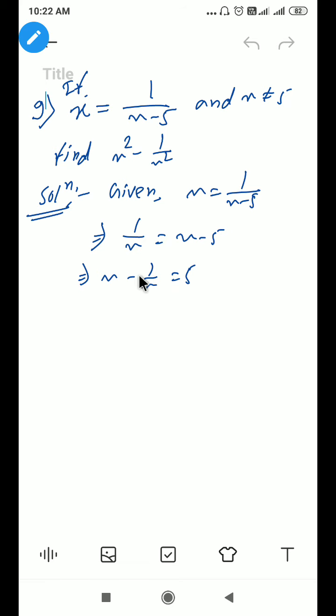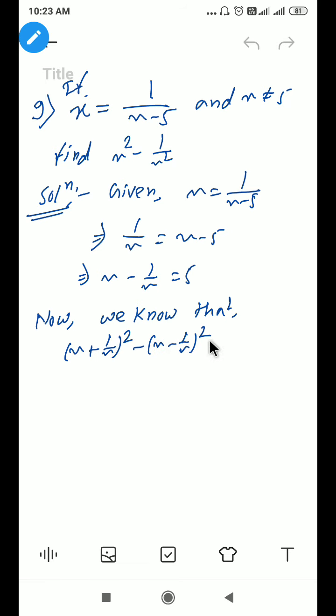To use this formula, you have to find x square minus 1 by x square. If you break this formula, x square minus 1 by x square, you will get x plus 1 by x and x minus 1 by x. So x minus 1 by x is already given. Now we have to find the value of x plus 1 by x. We know that x plus 1 by x whole square minus x minus 1 by x whole square is equal to 4x into 1 by x.